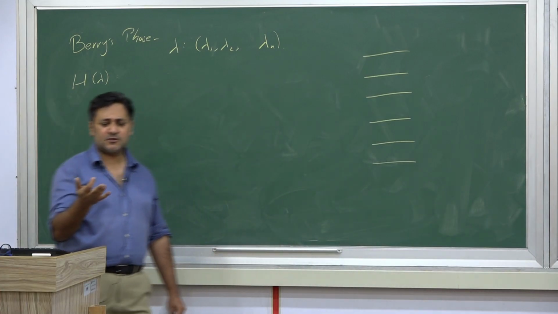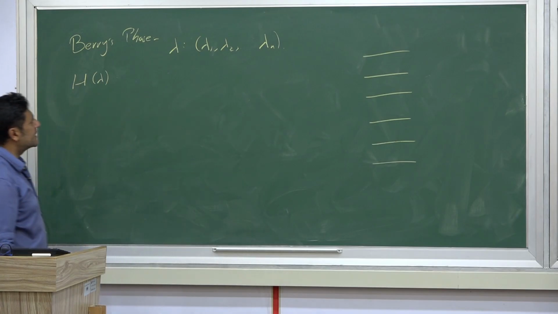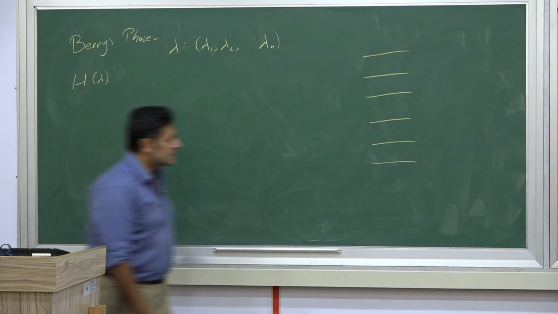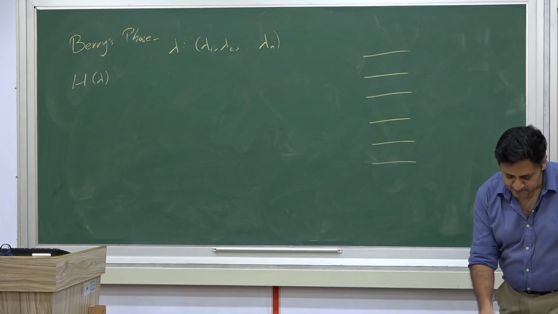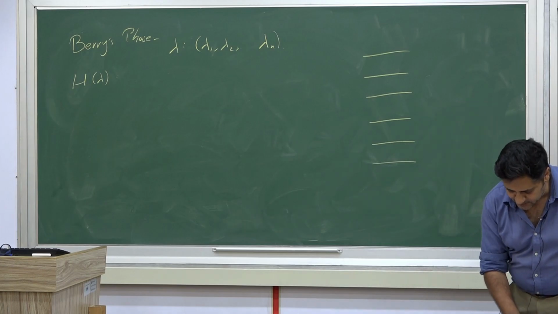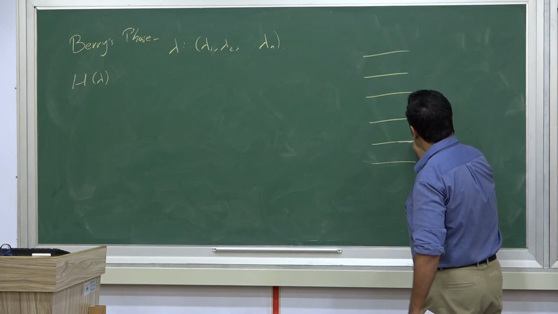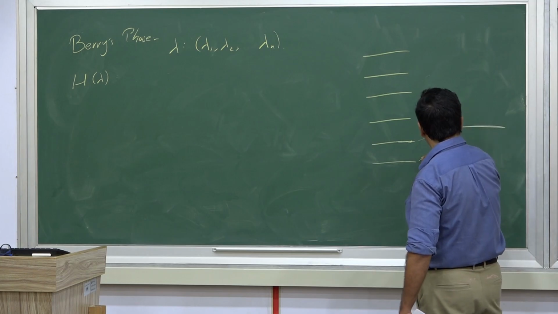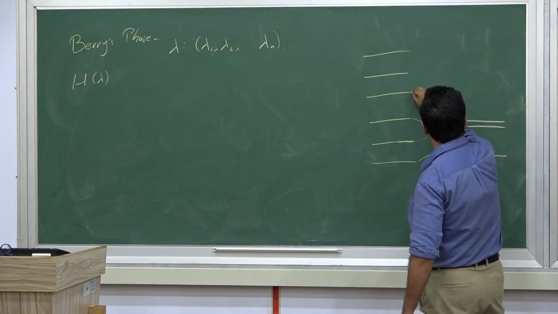So under that approximation, if it holds, what you expect is that as I change my parameters, my eigenvalues will change. But if my system is starting in a particular state here, it will remain in there. So my eigenvalues are probably evolving, changing into some other spectrum.